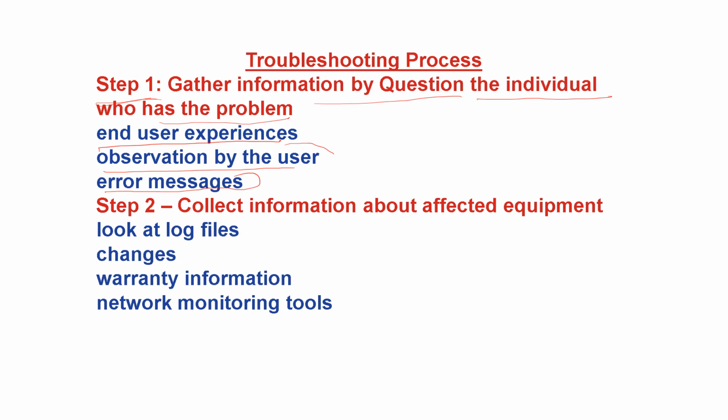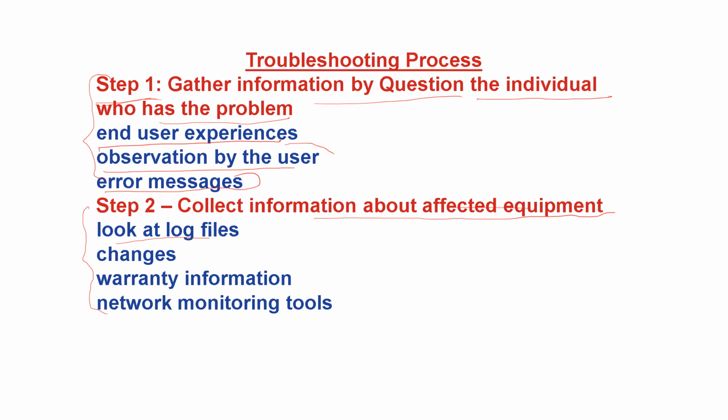Once the information is collected, the next step is to collect the information about the equipment. In step 1, we are collecting the information from the individuals. Then in the second step, we are collecting the information from the attached equipment.